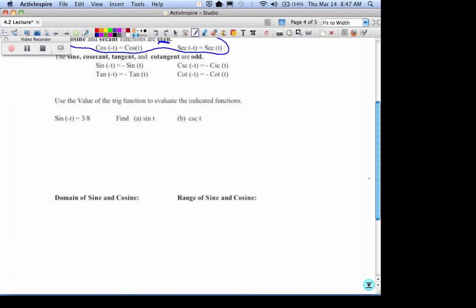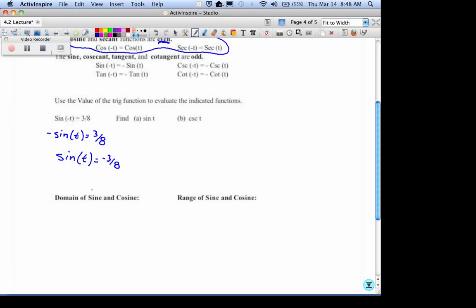So the sine of negative t is the same as negative sine of t. So that also equals 3/8. So the sine of t then, if I take this negative now and divide both sides by negative, I end up getting negative 3/8.